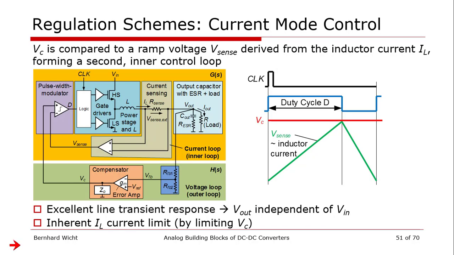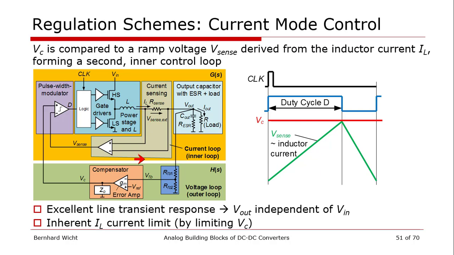So far we looked into voltage mode control, and there are more control mechanisms. One is the so-called current mode control, which replaces the sawtooth generator by the ramp that we see in the inductor current. The current will be a ripple current going up and down, and if we sense that and bring it into the voltage domain, we can also fulfill the control.